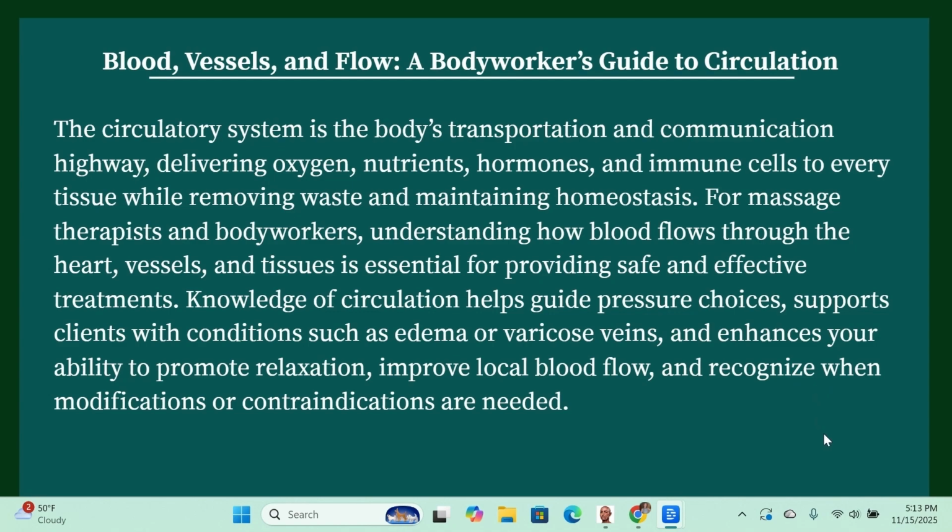For massage therapists and body workers, understanding how blood flows through the heart, vessels, and tissues is essential for providing safe and effective treatments. Knowledge of circulation helps guide pressure choices, supports clients with conditions such as edema or varicose veins, and enhances your ability to promote relaxation, improve local blood flow, and recognize when modifications or contraindications are needed.